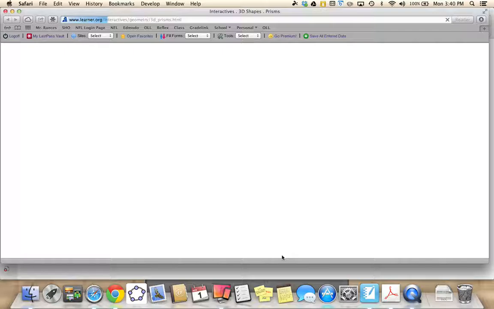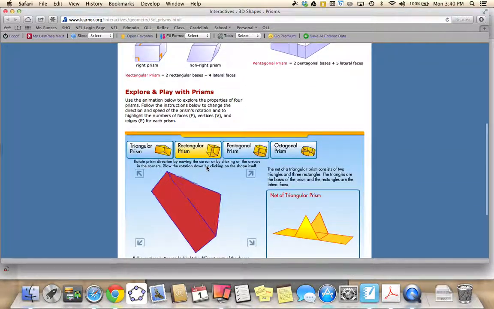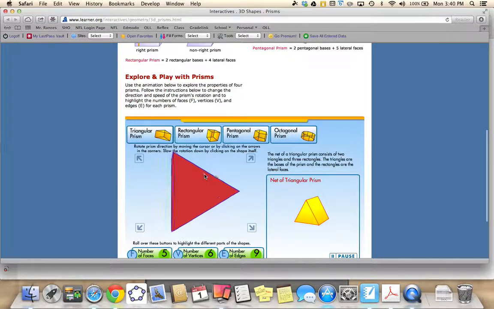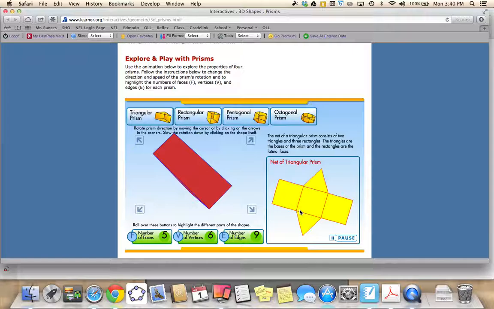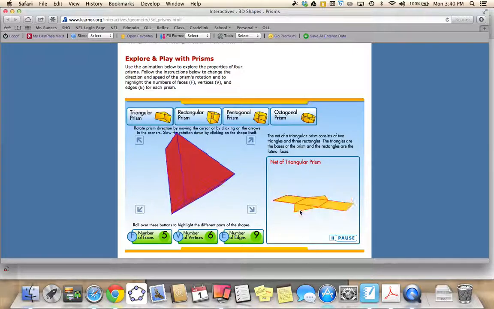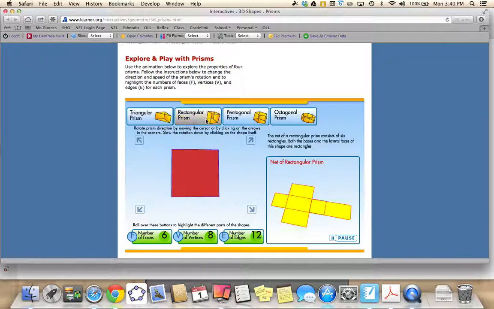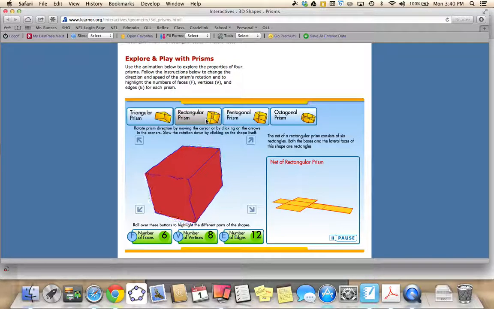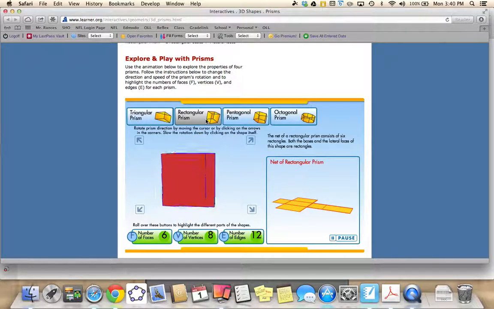Let's take a look at this one and see how they really look like. This is a triangular prism, and if the triangular prism opens up, this is how the net will look like. And this is an example of a rectangular prism. And if I create a net of my rectangular prism, this is what it looks like.